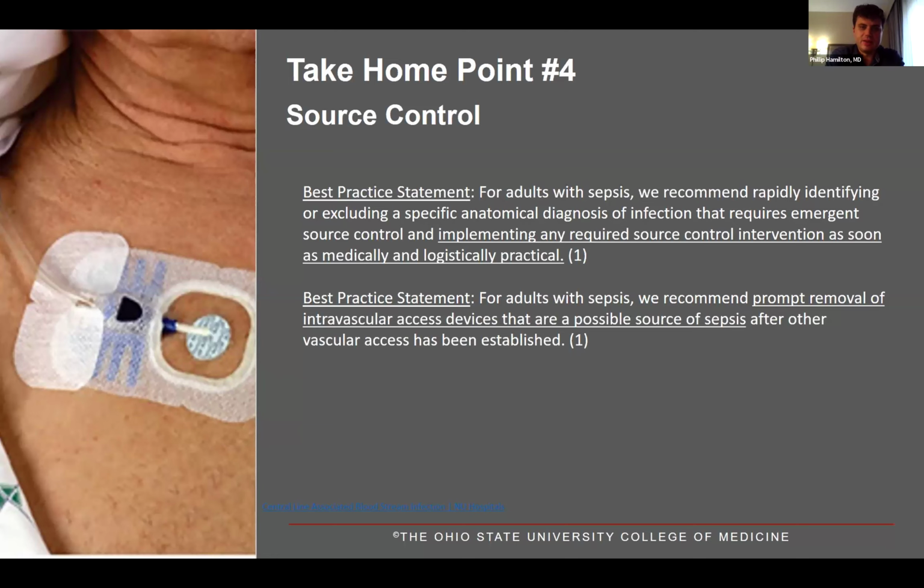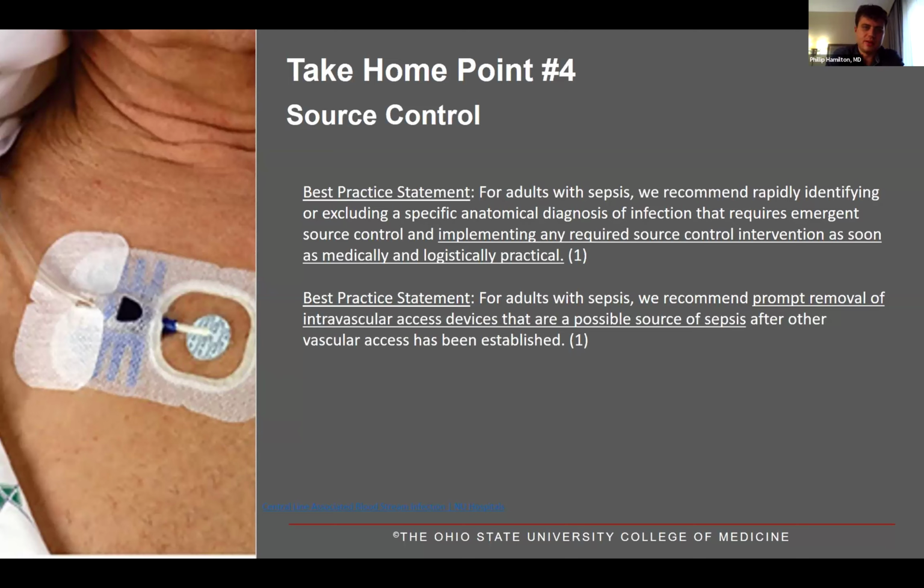So specifically thinking about pus under pressure, is this an obstructed kidney stone that's leading to pyelonephritis that's going to need some sort of urologic intervention to relieve the source of obstruction?